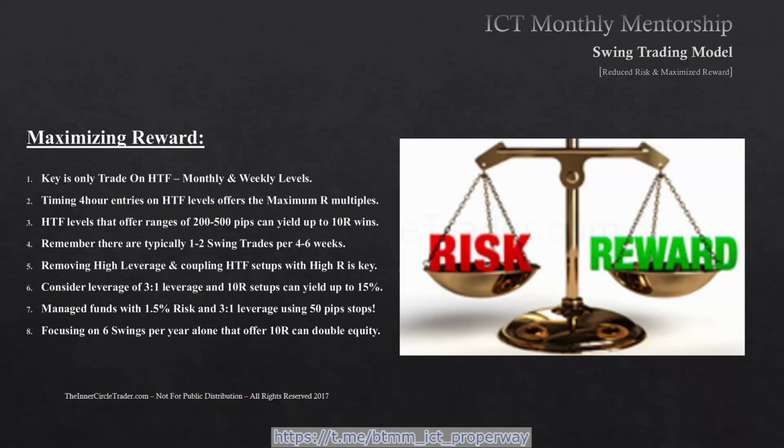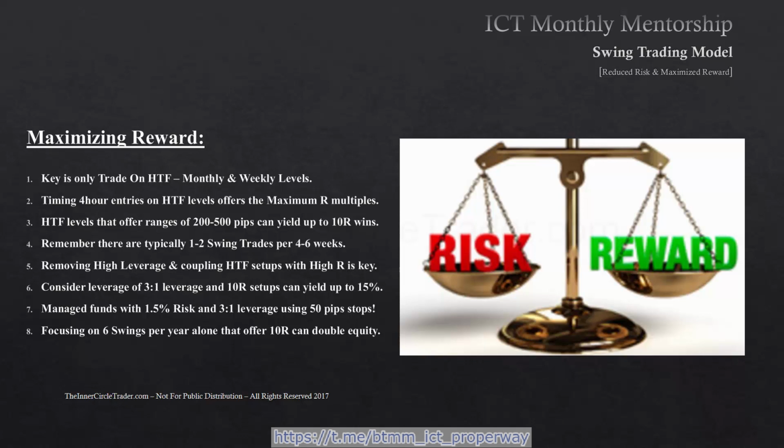and using an average of 50 pips per stop, when you do that, focusing on just 6 swings per year alone, and that setup offering 10 reward to risk for $1, you get back 10. If you do that, you're more than doubling that equity. Now think about that for a second, folks.